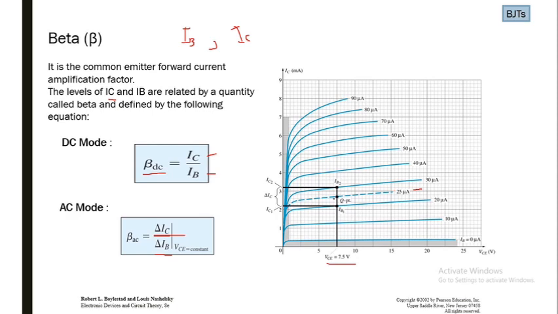We consider that IB will move 5 units upward and 5 units downward, so IB is 30 microampere for the positive peak and 20 microampere for the negative peak.